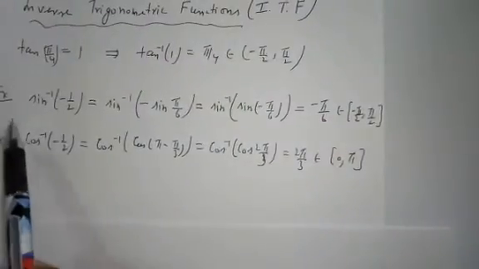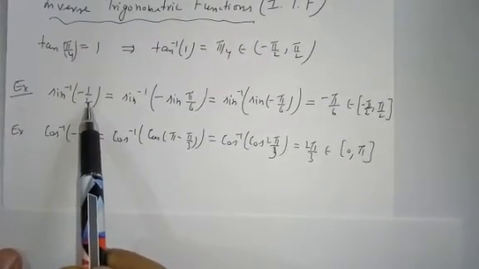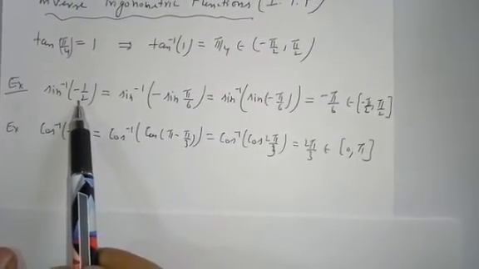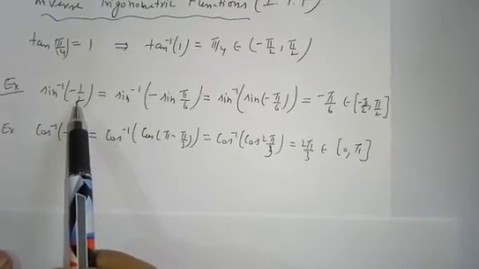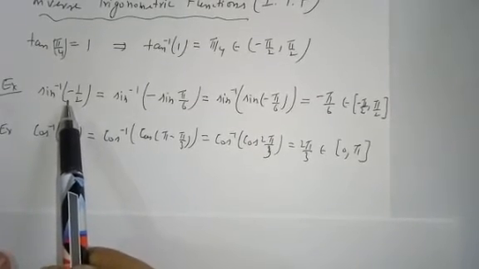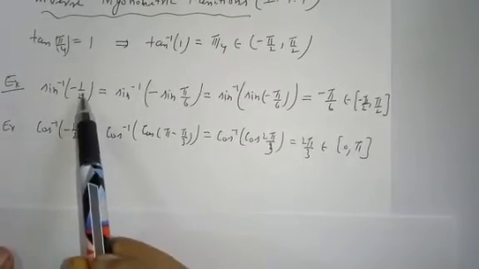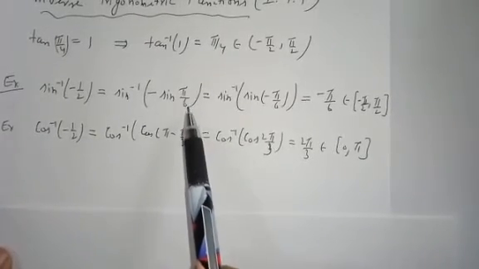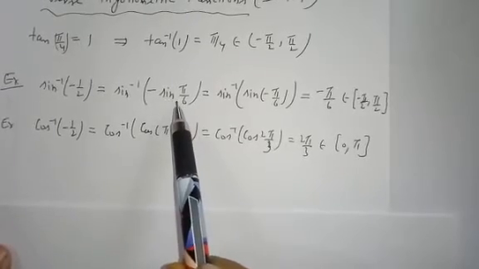For example, sine inverse of minus 1 upon 2. It is minus 1 upon 2, and the PVB of sine lies in the first and fourth quadrants, so the angle will be in the fourth. First of all, put the minus as it is. Half in the case of sine is pi by 6, and we know minus sine theta equals sine of minus theta.